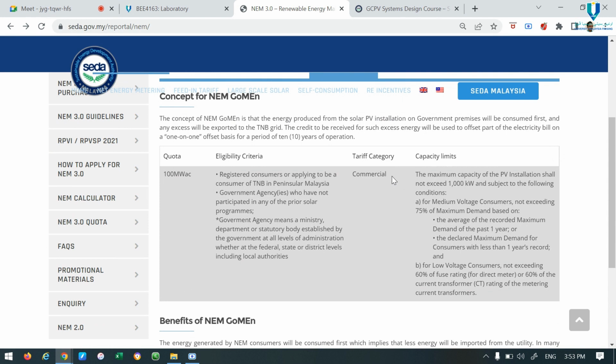New government is for commercial, but there's a limitation: not more than 1 megawatt. Then there's not exceeding 75% and so on. Low voltage consumers not exceeding 60% of use rating.